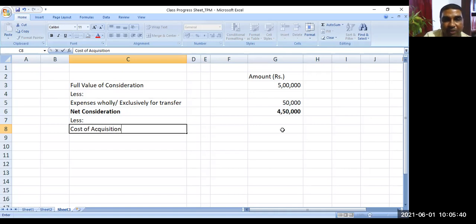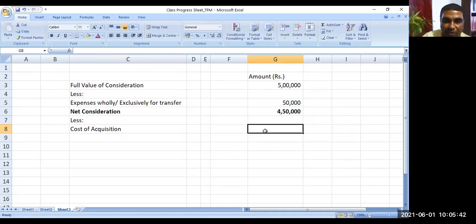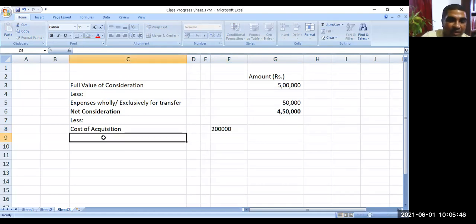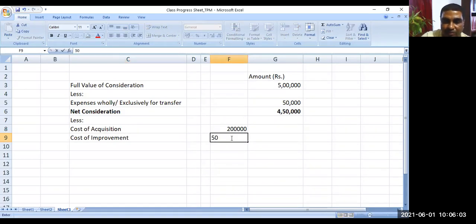Cost of acquisition, how much? Let us say 2 lakh is my cost of acquisition. The next thing is cost of improvement. Let us say 50,000. Okay, are you getting it?